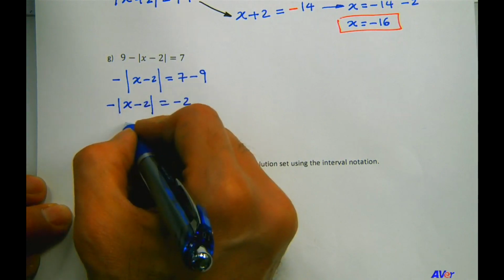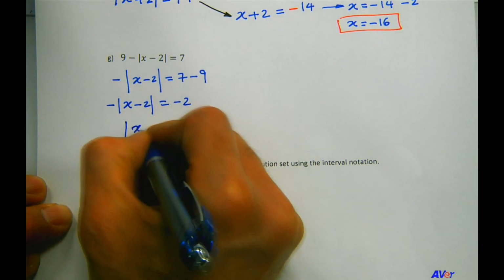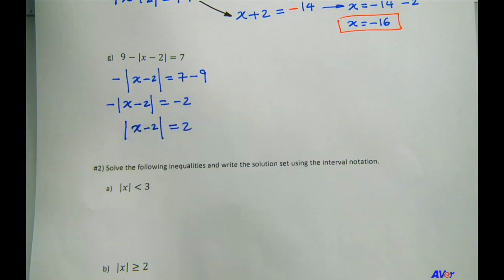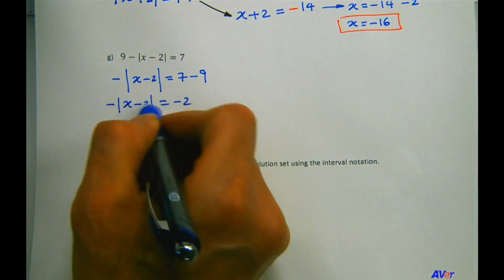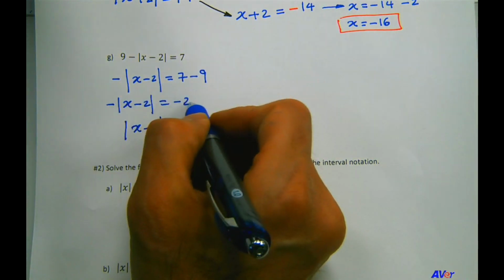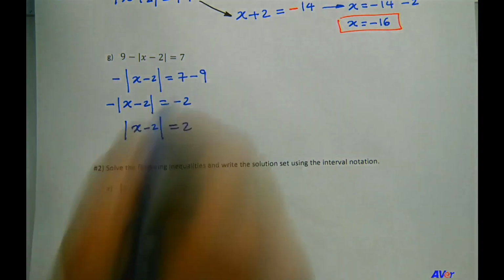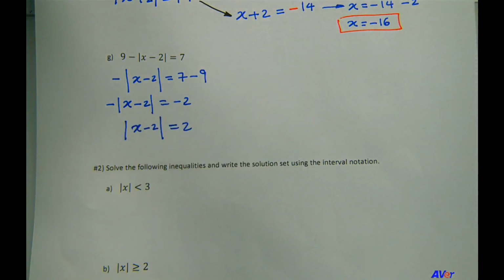So we can write absolute value of x minus 2 equals 2. This is exactly as if you have minus 1 multiplied by this, minus 1 multiplied by 2. So can you cancel minus 1 from both sides? Yes, you can. Why? Because minus 1 is being multiplied on both sides. It's not being added or subtracted. So we end up with that.